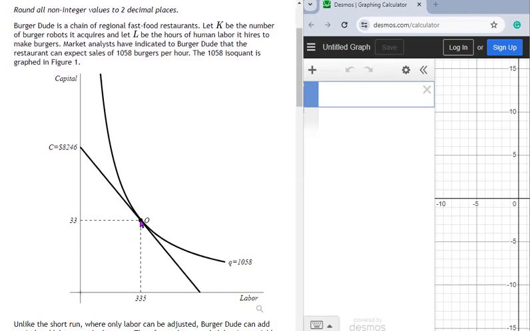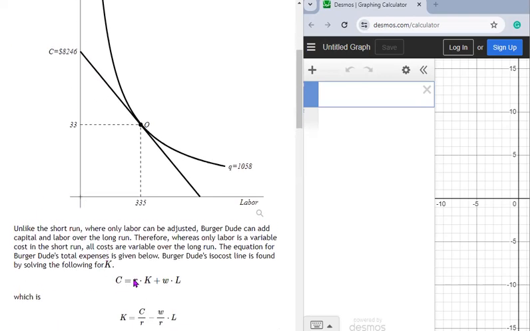The cost minimizing level of capital and labor is the original optimal solution. Costs are minimized at that point, and those costs total $8,246.